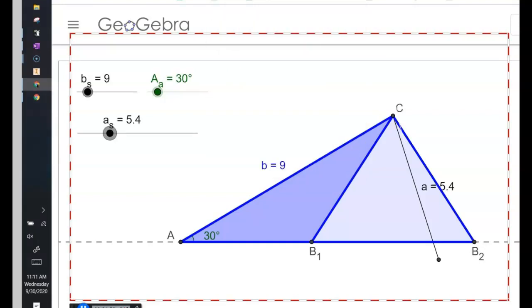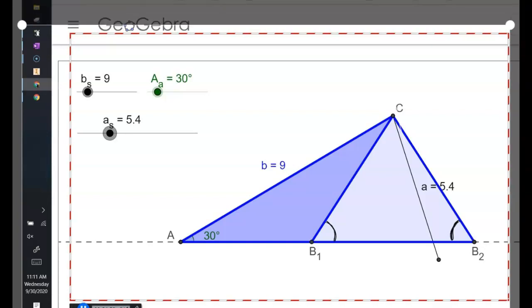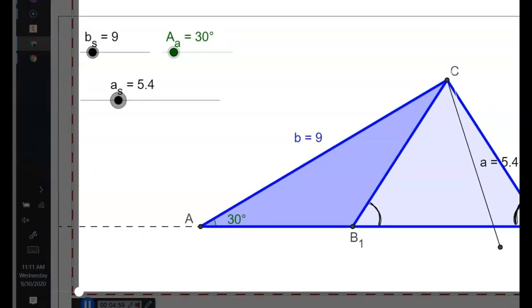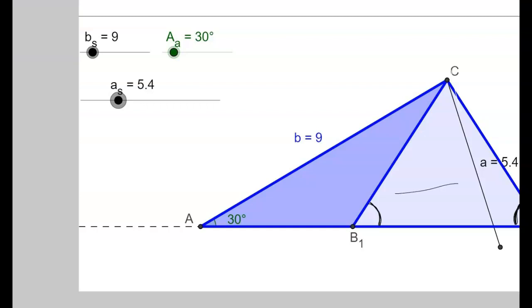So, what relationship does this angle have with this angle? Yes. Why? How do you know?